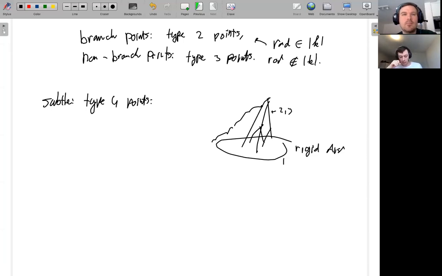The radius keeps decreasing along these chains, but you don't end up with a type 0 point. This has to do with the existence of infinitely nested balls inside your field, I think. But this is subtle and we will not worry too much about it. So these points exist like infinitely nested disks.